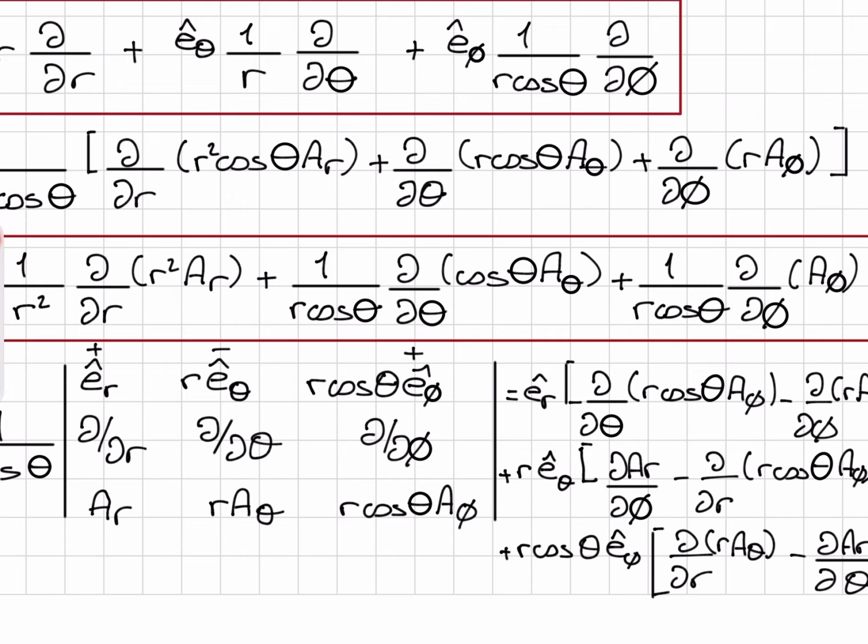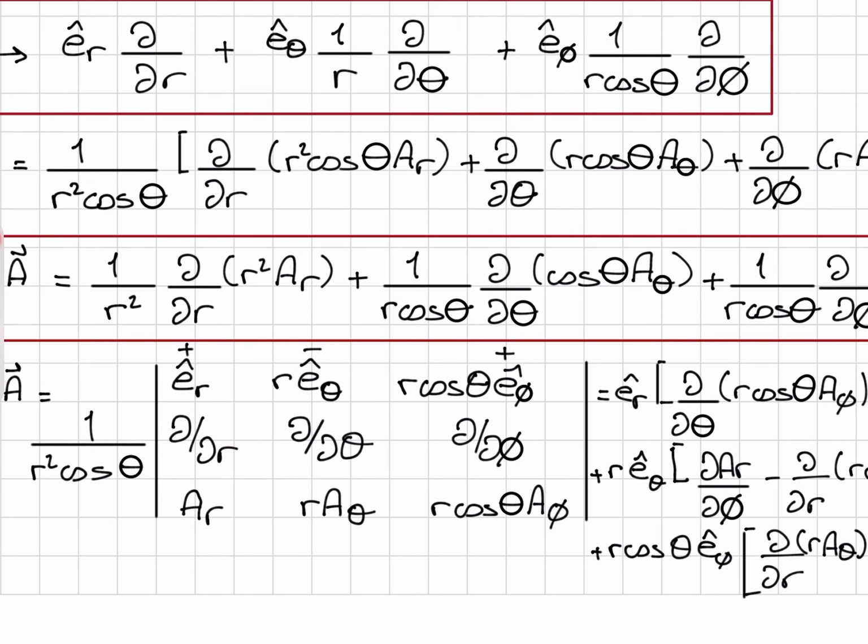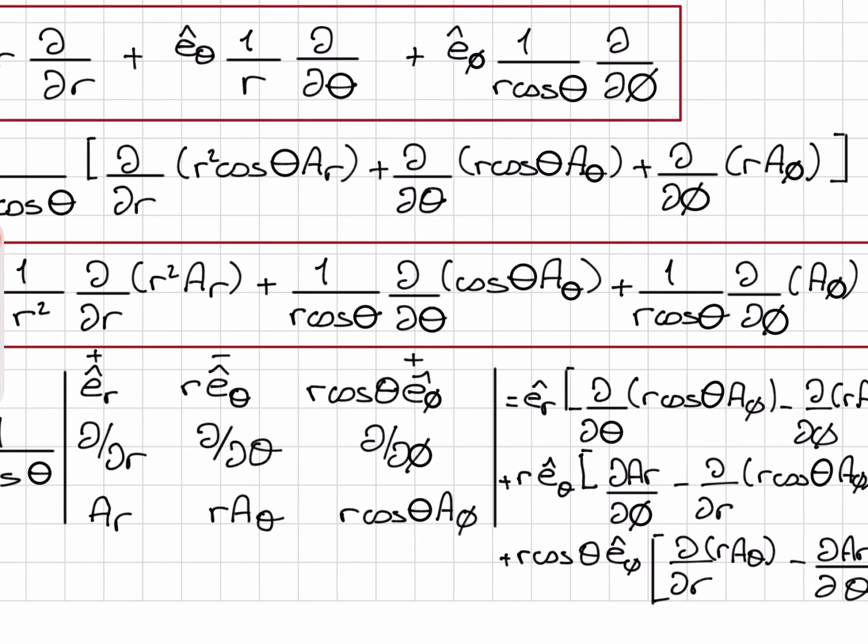Now, I'm going to divide this by r square cosine theta, and I will also pay attention to each of these terms here. So it's best to basically keep it as it is.